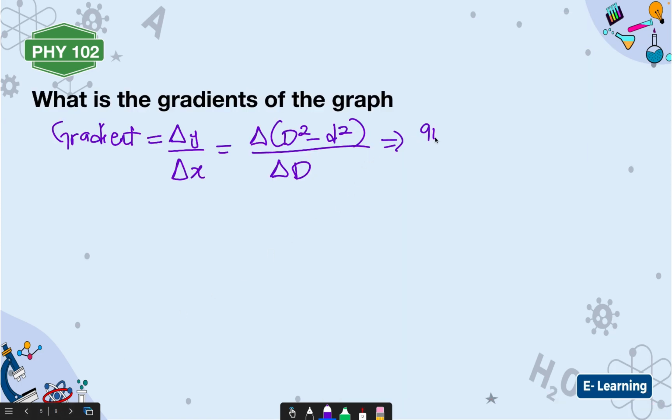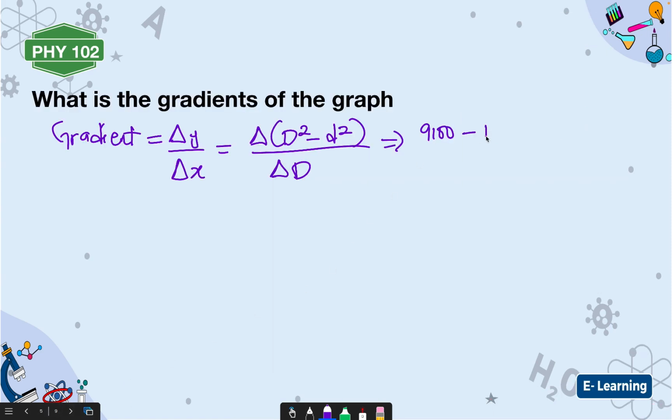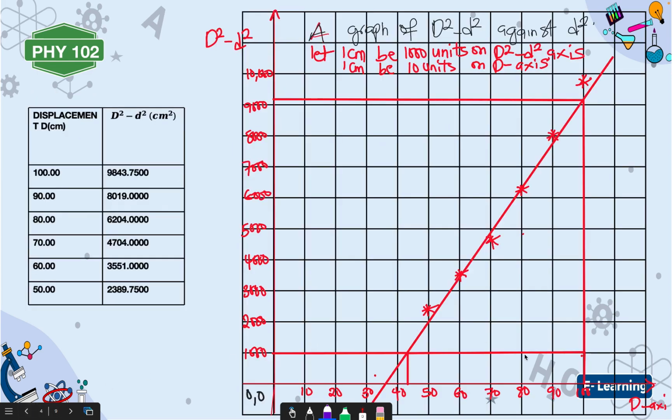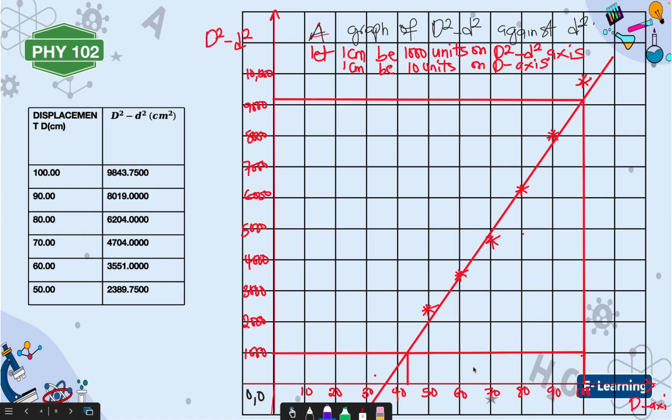So we have 9,100 minus this value down here, which is already 1,000, which of course we've seen here. So here is 1,000 divided by change in d. This value here will be 100. So we have 100 minus this value here.